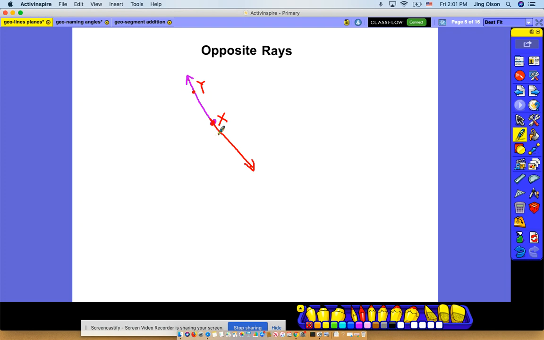Okay, it's a straight line, but goes absolutely the other direction. Okay, so this one is ray XZ. Let's call this a Z. So ray XY starts from the endpoint, goes to Y, and the ray starts with X. X is the endpoint and goes to Z. So these 2 are opposite rays.